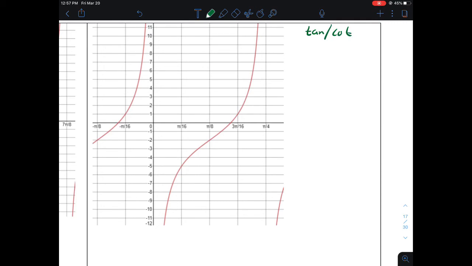So tangent and cotangent functions. All right. Well, their general form is going to look just like the other ones. So just to keep my letters consistent, a times tangent or cotangent, w times x minus h plus k on the end.